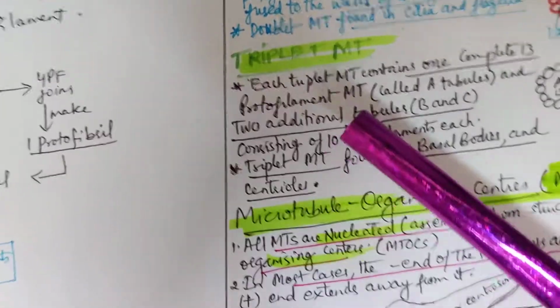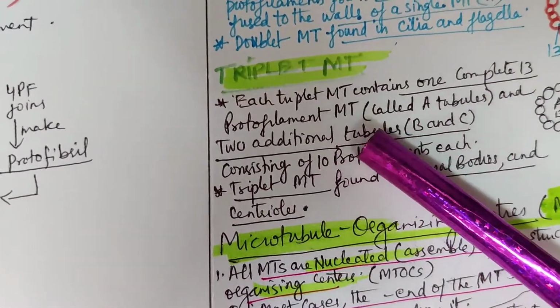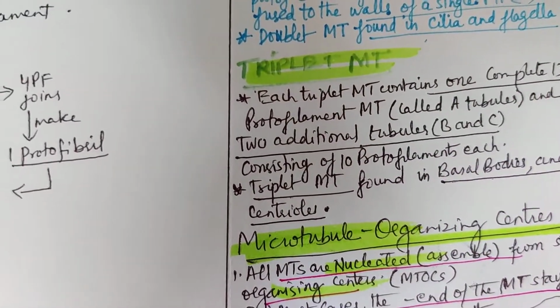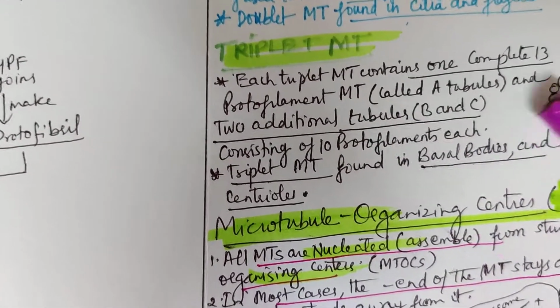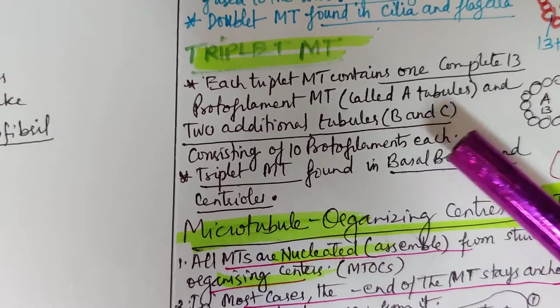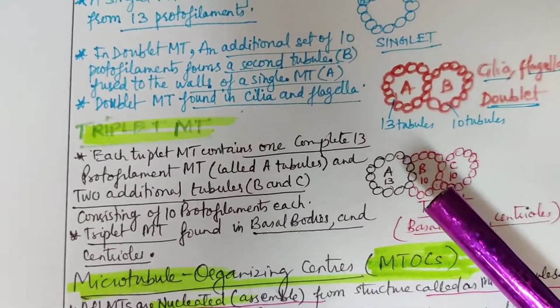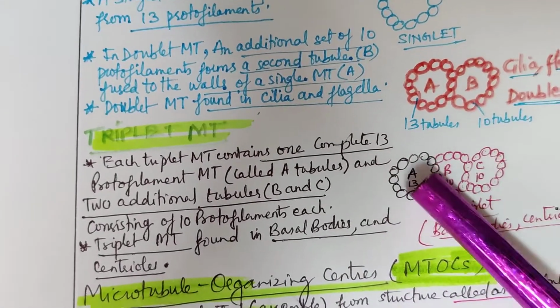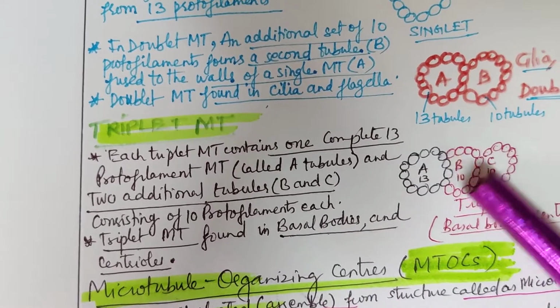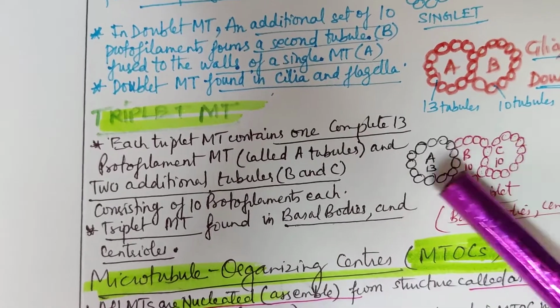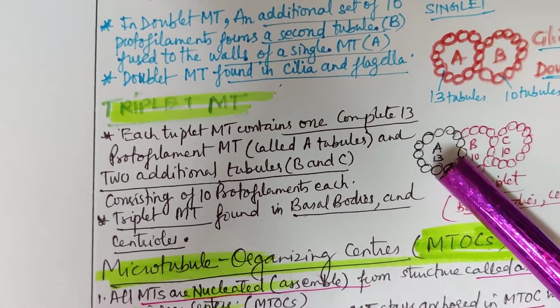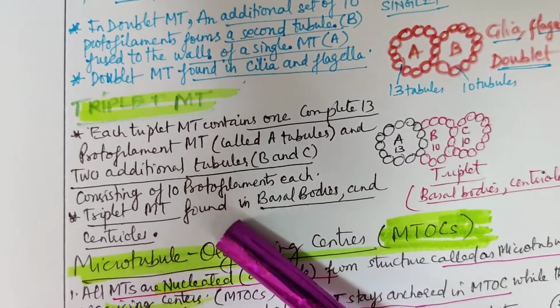Triplet MT, triplet microtubule. Each triplet microtubule contains one complete 13-protofilament MT called the A tubule, and two additional tubules, B and C. The structure is shown here. A has two other circles, additional tubules B and C, with 10 protofilaments each, and A has 13.